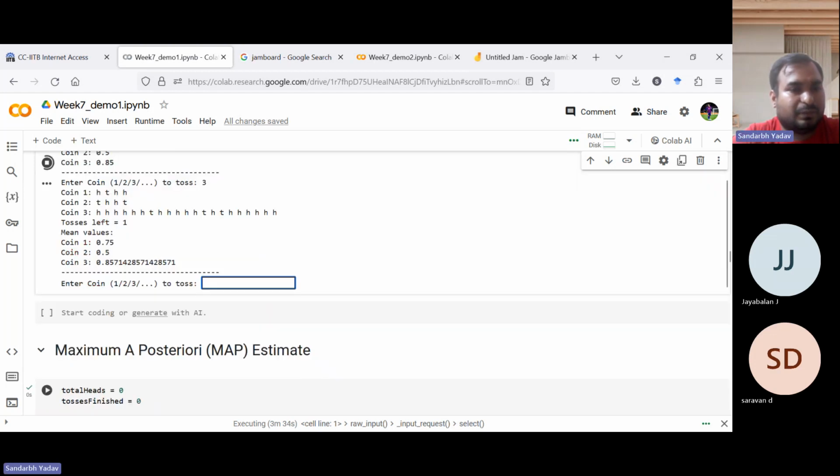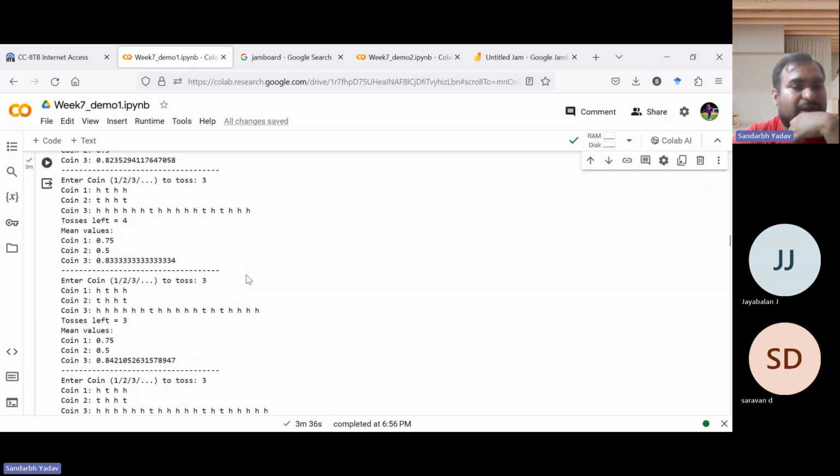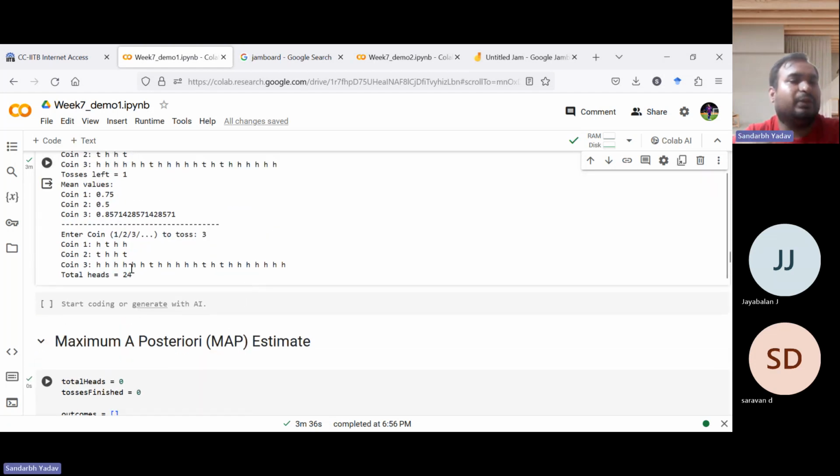Two more tosses, one more toss left. Okay, let's see the result. In the end, we got a total of 24 heads. In expectation also, since the probability of coin three was 0.8 times 30, it should be 24. So in this case, our regret is essentially zero.